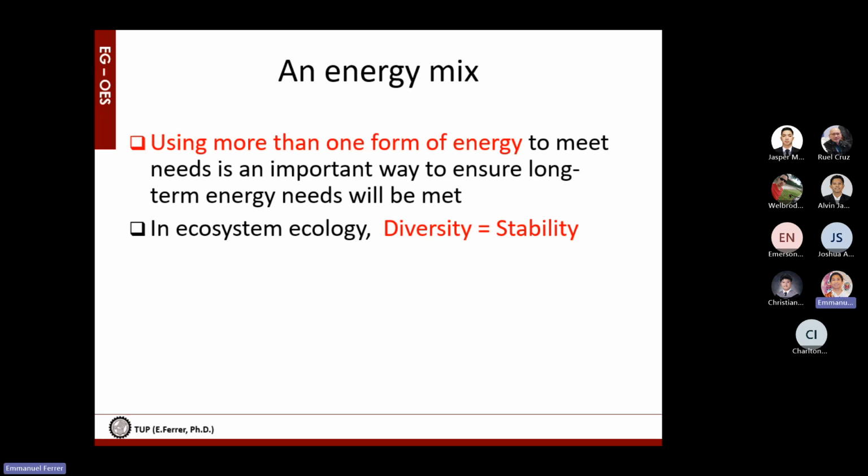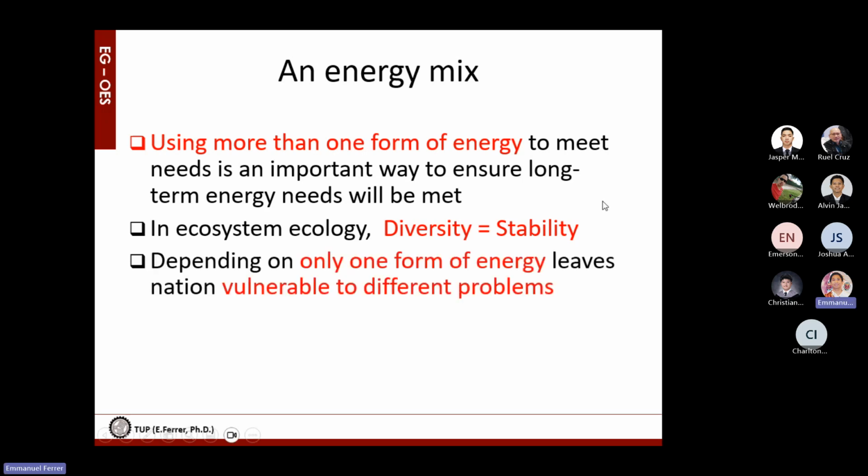We can't rely on them because eventually they will run out and deplete, and of course also destroy the environment. So we have to transition to maybe almost 100% renewable. Depending on only one form leaves problems.